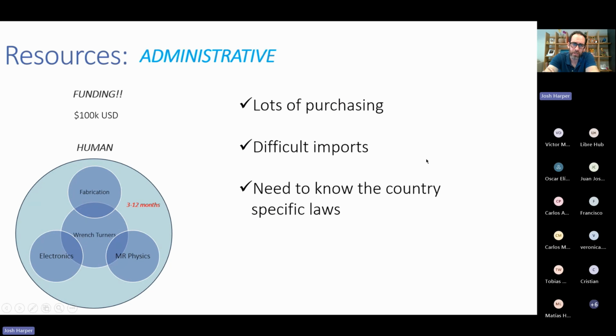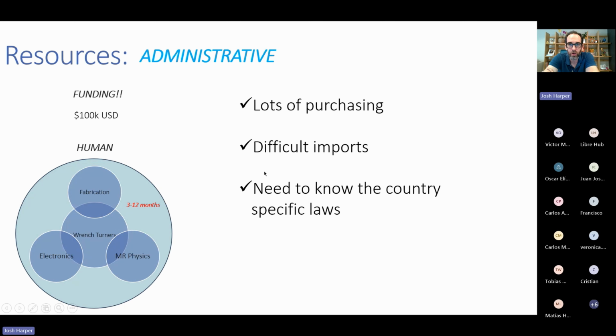So you also need administrative support. There's lots of purchasing to be done. If you're in a country like Paraguay, which maybe isn't as used to importing these types of electronics, it can be difficult to navigate how to bring this technology into the existing system, which we've struggled with as well. So it's nice to have people who understand how to do that already on board on your team.